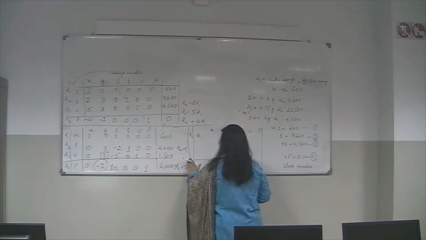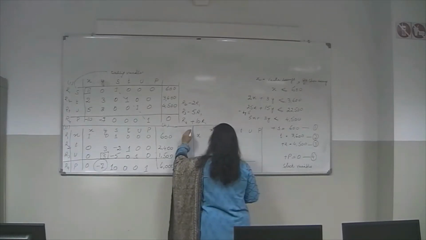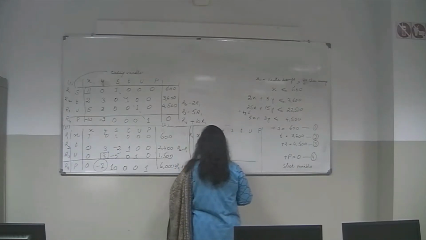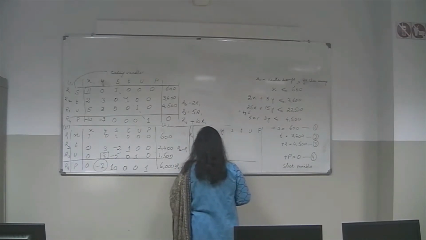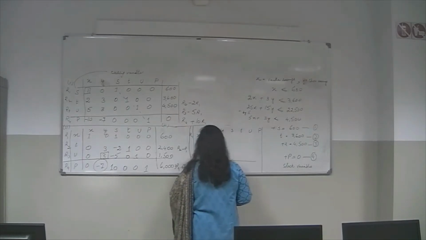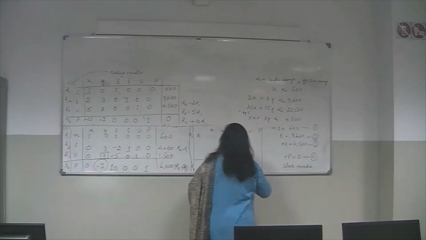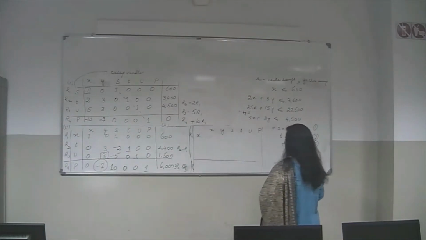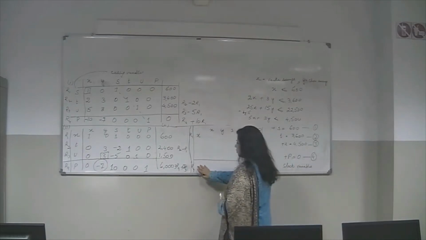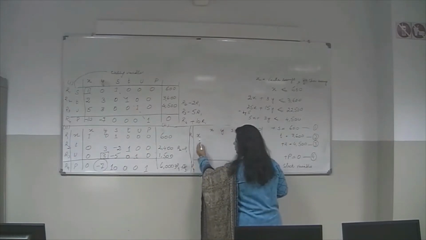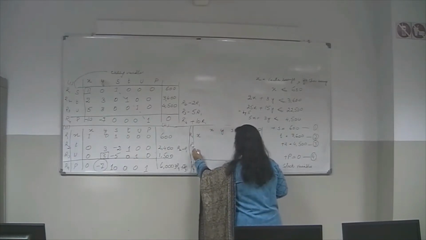Okay. I have to just make some adjustments. 7 R3. So now R4 will be 0. This is X. This is row 2.